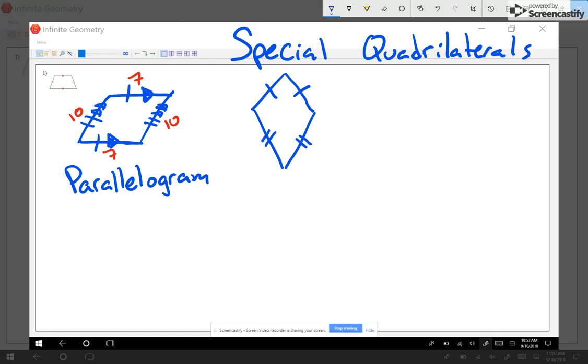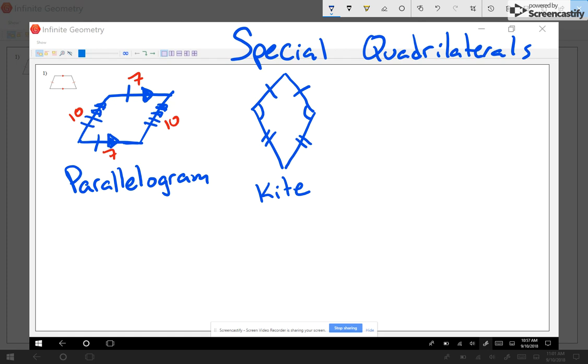And then on the side angles, the one on the left and the one on the right, those two are congruent as well. Top and bottom are not. And that one, we're going to call kite. So top two are congruent, bottom two are congruent, not all four.